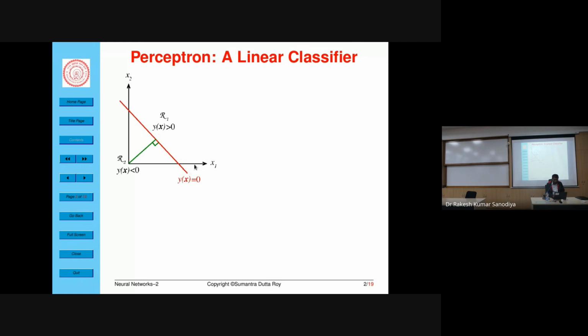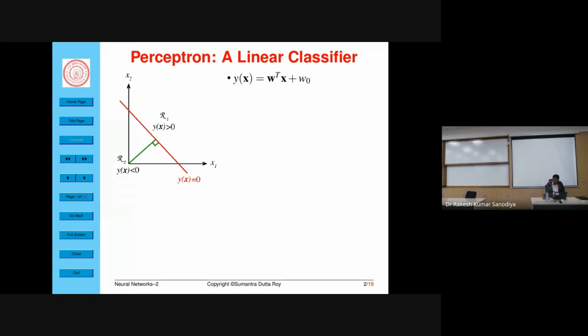So it will have its equation in the form: if I had, let's say, the equation of a line y equal to mx plus c, then if I write that as a function of x, it is mx plus c.